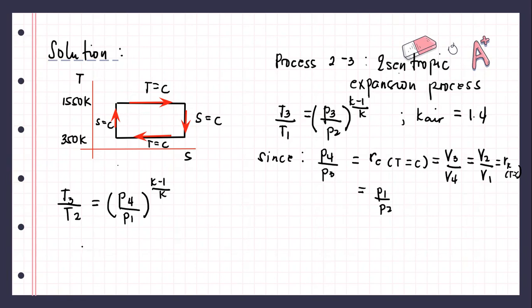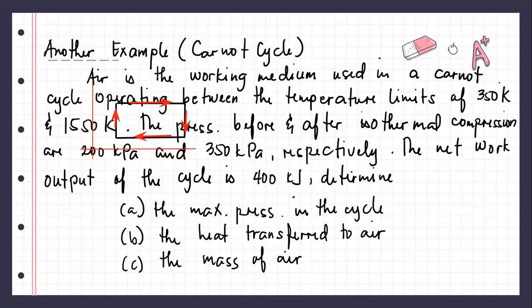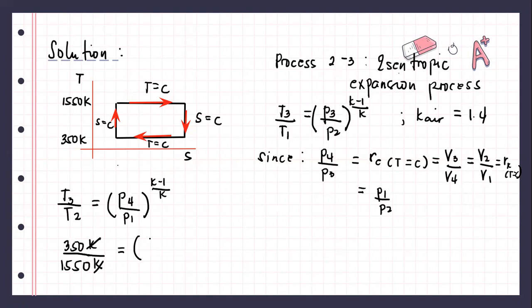Then substitute the values. We have 350 over 1,550 Kelvin equal to 200 kilopascal over P1, raised to 1.4 minus 1 over 1.4.